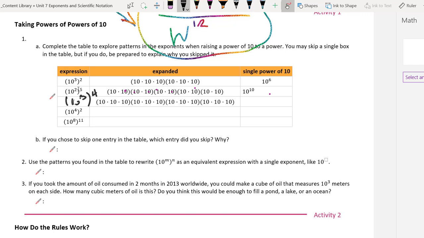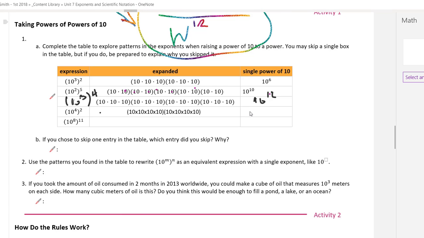Alright, so there's that. Now, altogether, I have 10 to the 12th. And if I wrote this out, 10 to the 4th, and we have 2 sets of that. So there we go. How much do I have altogether?